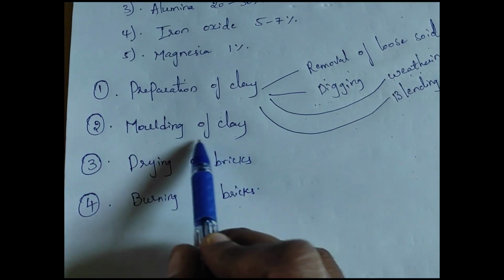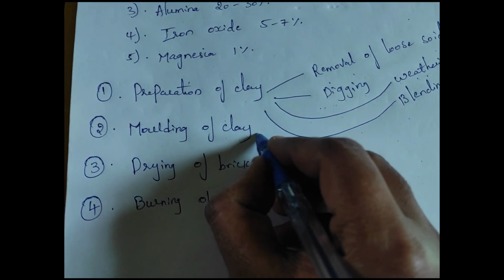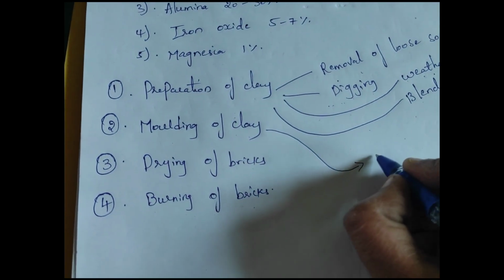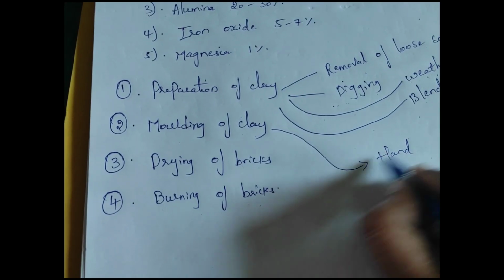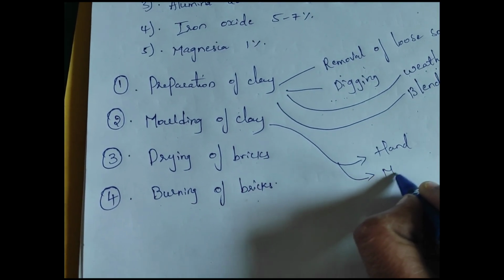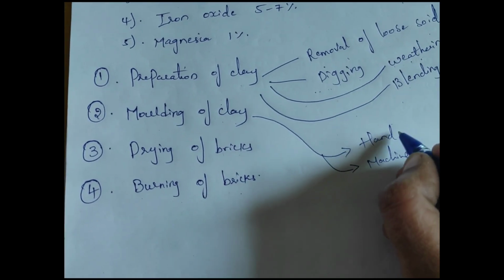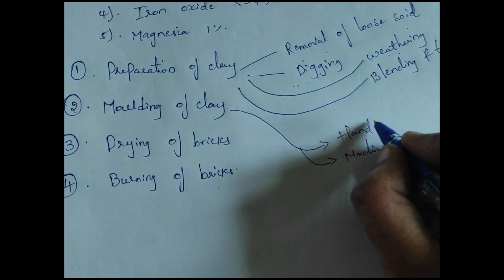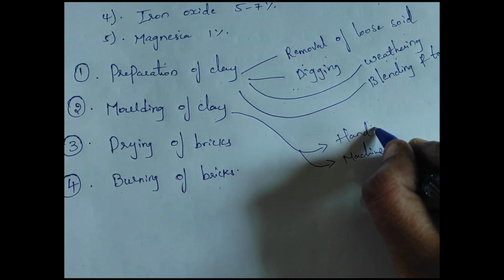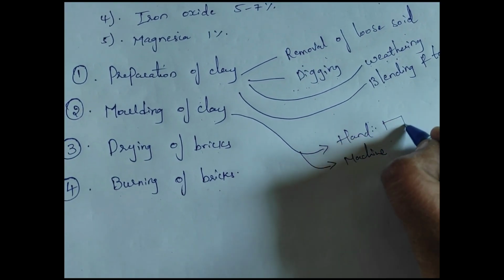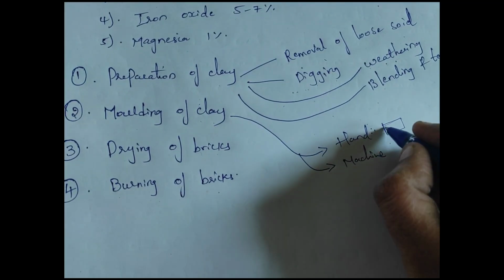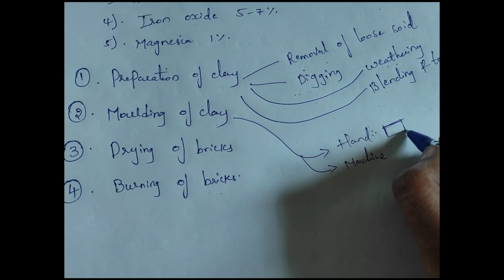The next one is molding of the clay. There are two types: hand molding and machine molding. Hand molding means molding is done by hand, and a wooden rectangular mold made in the shape of a brick is normally used.